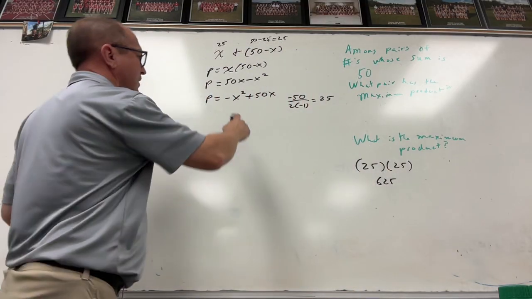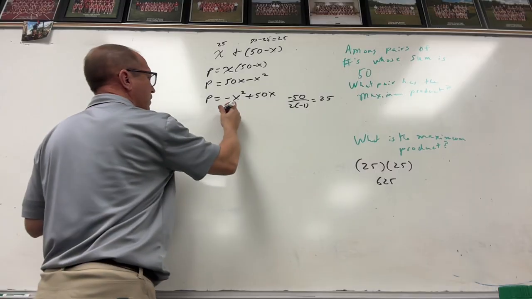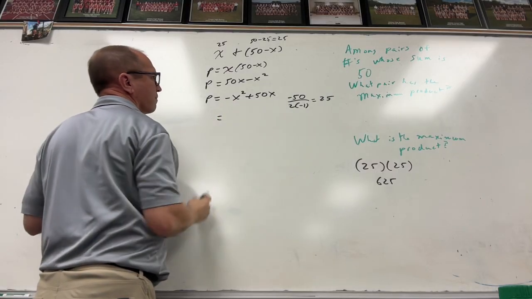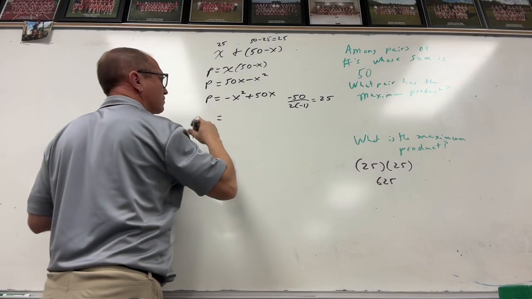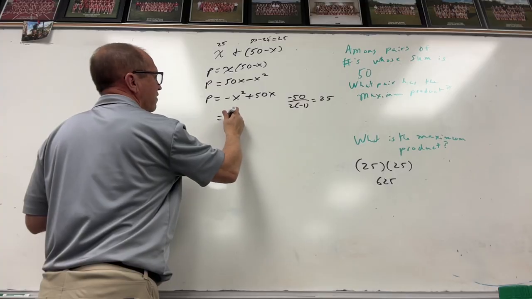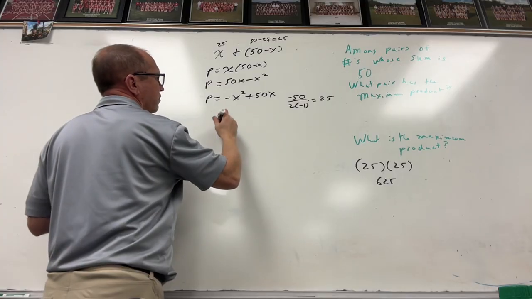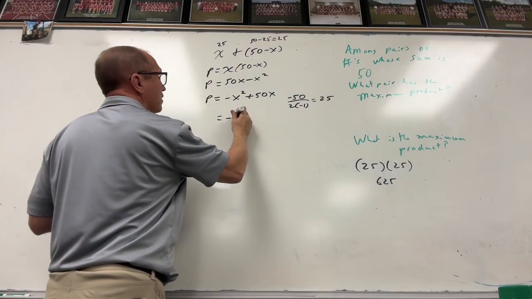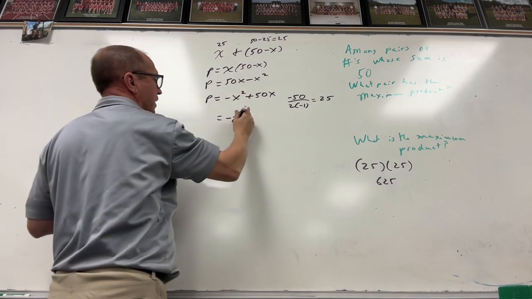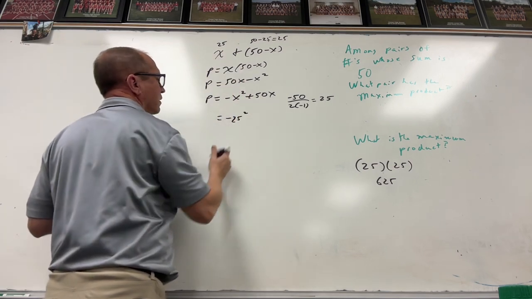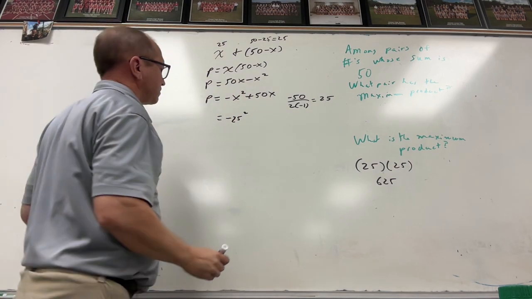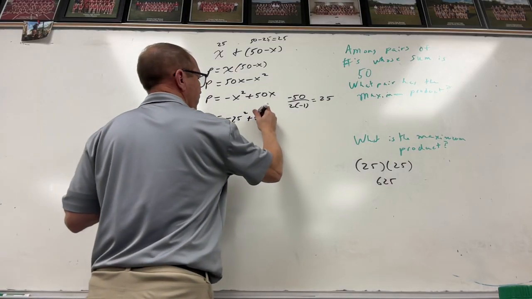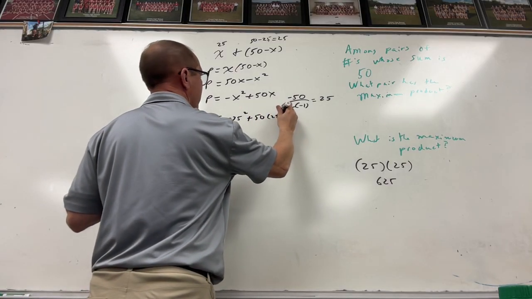Or we could get that answer by plugging in here. So we have the negative of our x value being 25, so the negative of 25 squared plus 50 times 25.